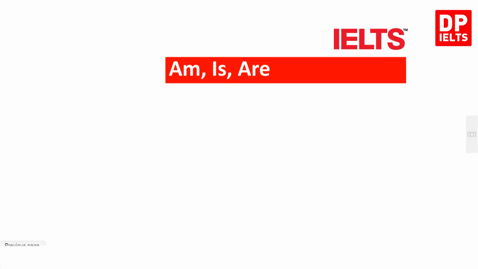Right? Especially singular nouns or singular pronouns ஆக இருந்தால் நாங்கள் அதன் கூட is என்ற helping verb யூஸ் பண்ணுவோம். But I is always special character. ஸோ நாங்கள் I கூட எப்பவுமே am என்ற helping verb மட்டும்தான் யூஸ் பண்ணலாம். வேறு எதுவுமே we can't use.